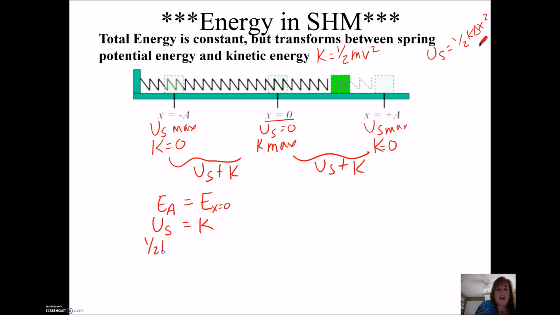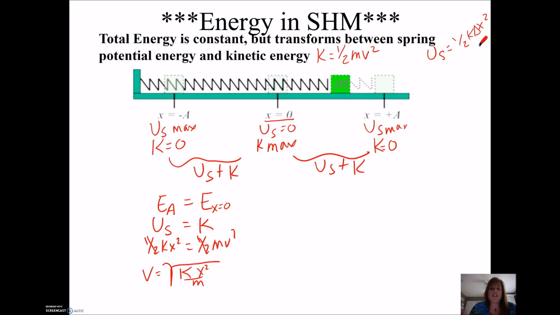So we'd have 1/2 kx squared equals 1/2 mv squared. If I solve for v, I get the square root of kx squared over m, which we could write as x times the square root of k over m.